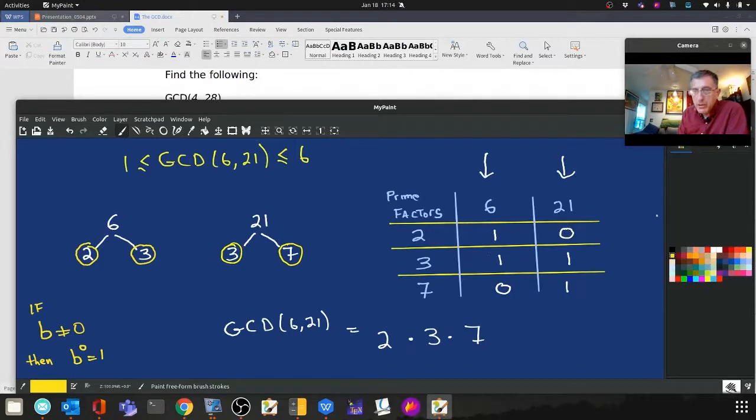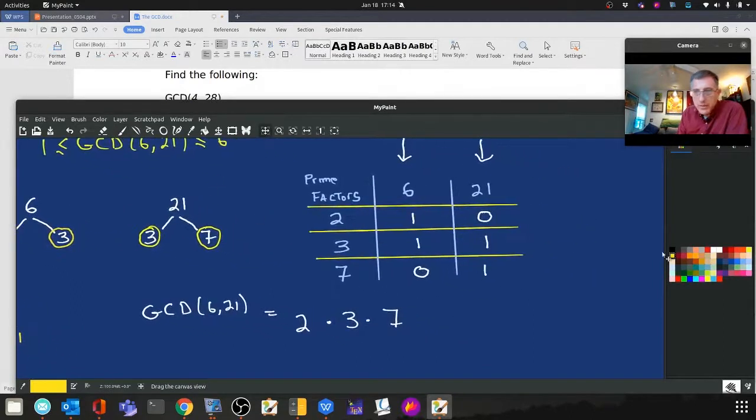So what I do is look at each row, and choose the smallest value. You might have been thinking the largest value because it's the greatest common factor. But no, we choose the smallest value in each row.